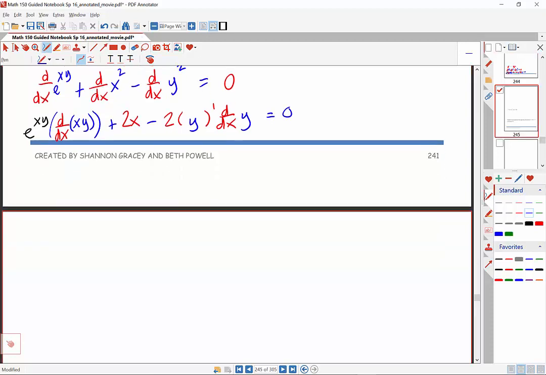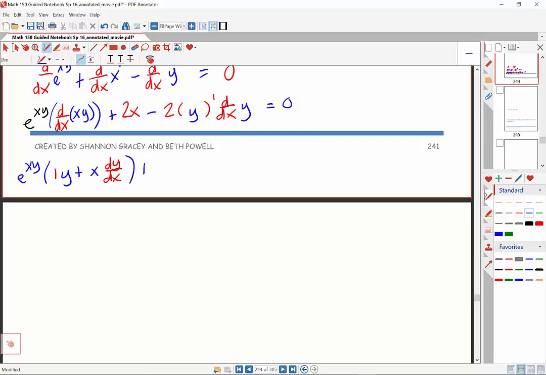Okay, moving along, we're going to have e to the xy. The derivative with respect to x of the product x times y is going to be 1 times y plus x times dy dx. And then we have our plus 2x, and then minus 2y times dy dx is all equal to 0.